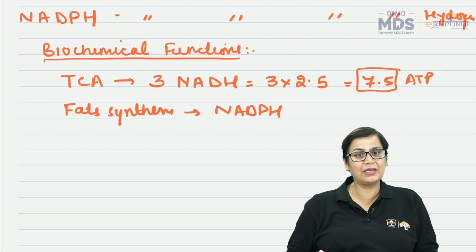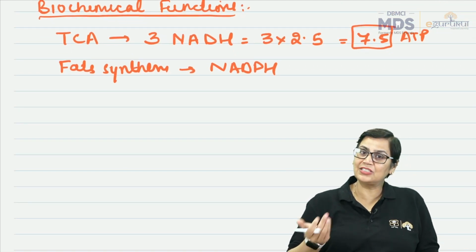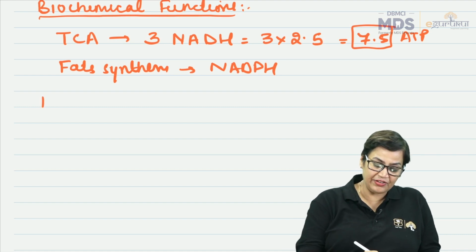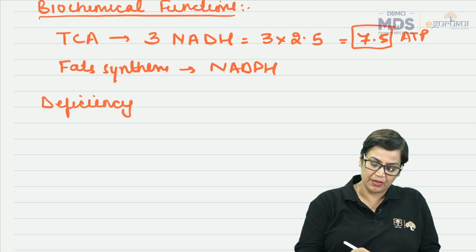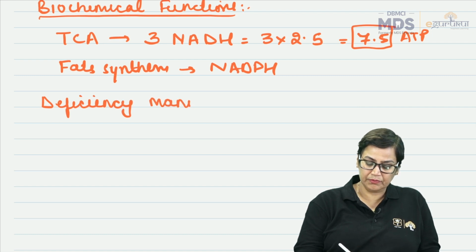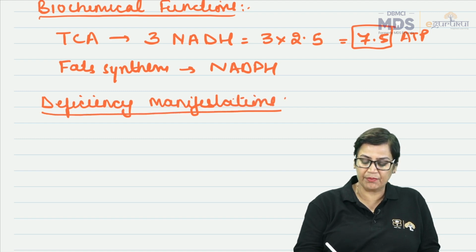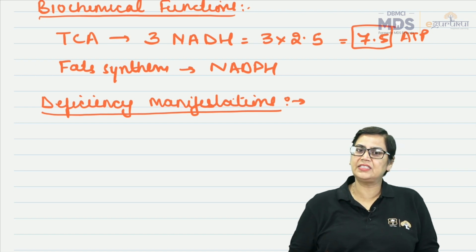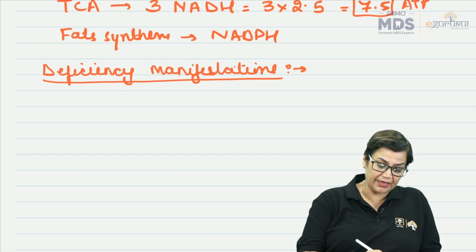So these are the biochemical functions. Now the questions mainly asked on niacin are the deficiency manifestations. The most important deficiency symptom of niacin is pellagra.